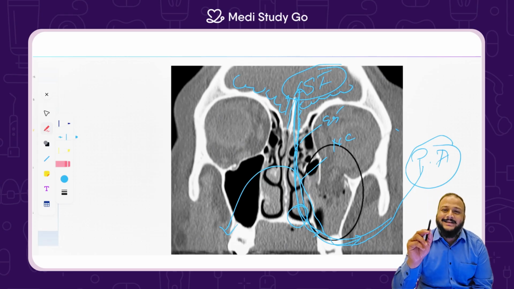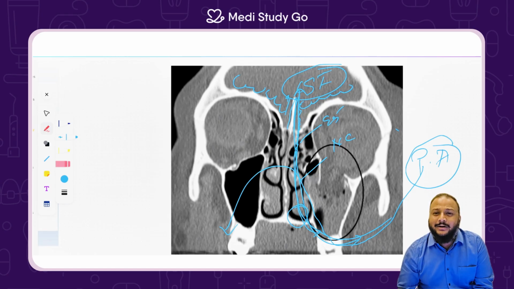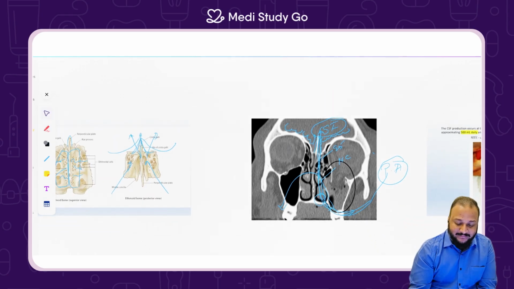This is exactly why a CSF leak is so dangerous, because the content that is supposed to stay inside your brain comes in contact with the outside environment, and that can lead to massive infection, neurological deficits, and definitely death. Okay, so how do you diagnose a CSF leak?